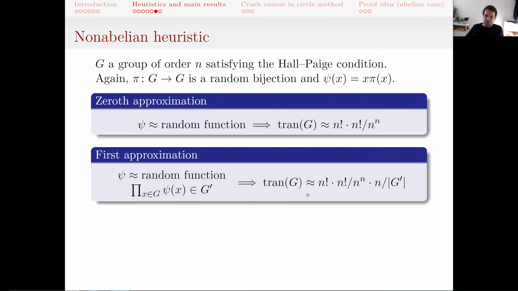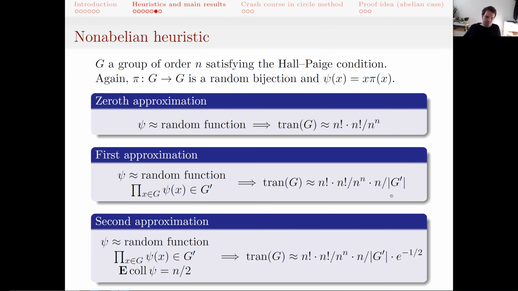So that means that we have to adjust this hypothesized count of transversals by this extra factor, so n over the size of the commutator subgroup. And again, we can do a second approximation, and we will again get this e to the minus half extra factor.